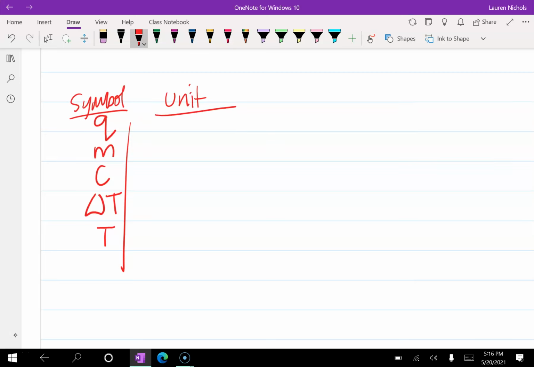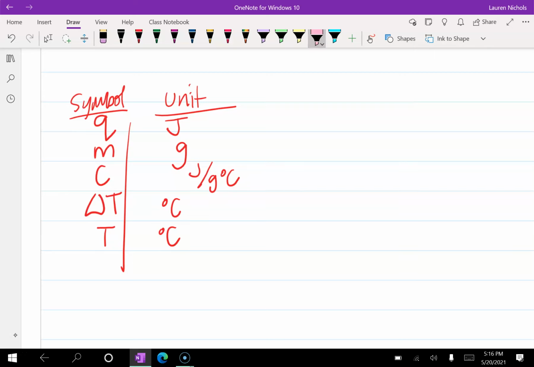Q has the unit of J, which is joules. M has the unit of grams. Specific heat has a combination unit of joules per gram degrees Celsius. And then your temperature values are going to be degrees Celsius.